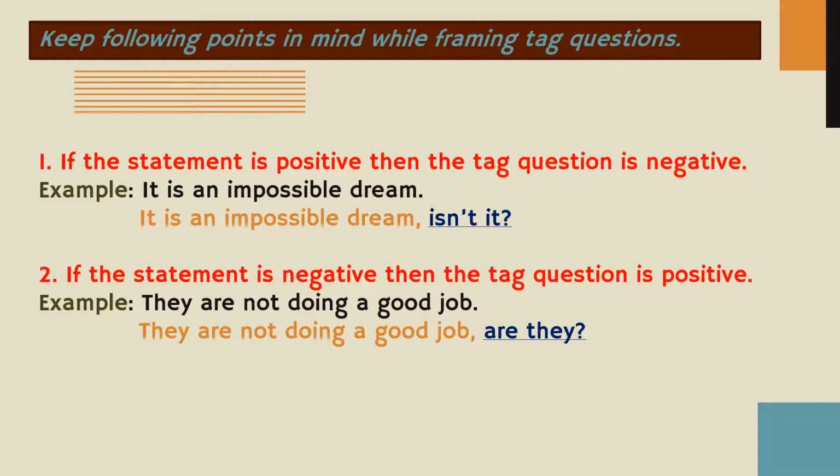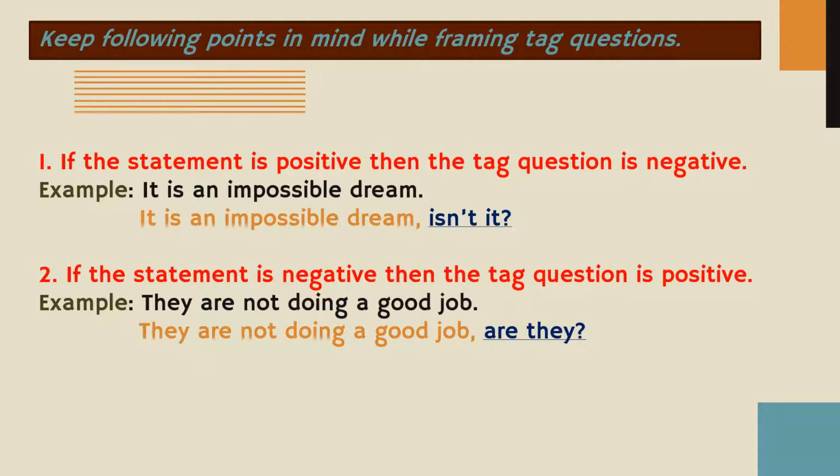Whenever you are adding a tag, you should always make use of the helping verb which is in the sentence, and the helping verb should be added in the tag. The statement is a positive statement, so with the help of the helping verb, the tag will become a negative one. So, the tag added in the sentence is isn't it.